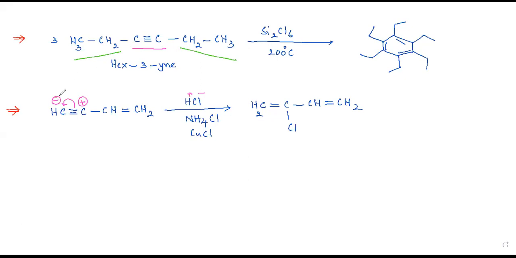Now, this is how we get 2-chlorobuta-1,3-diene, right? Famously known as chloroprene.